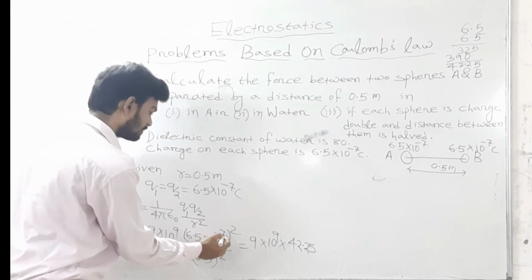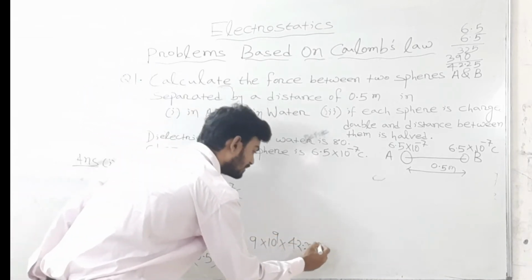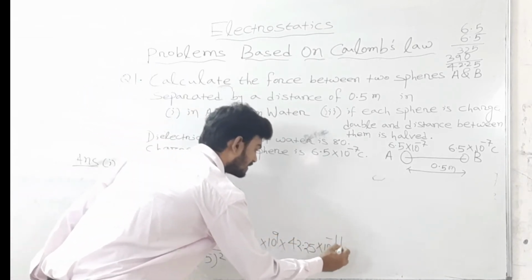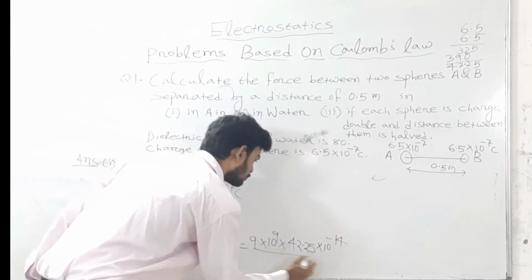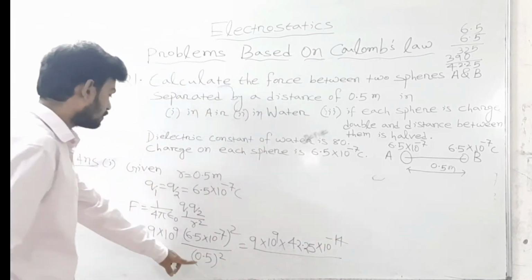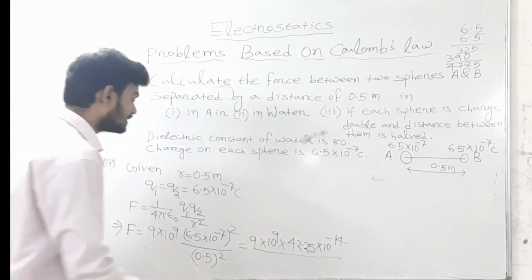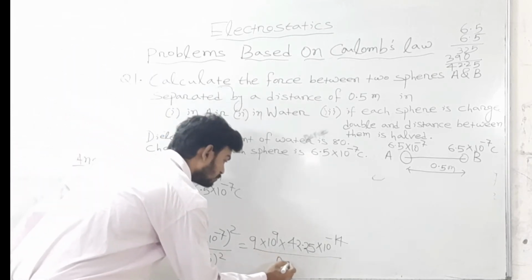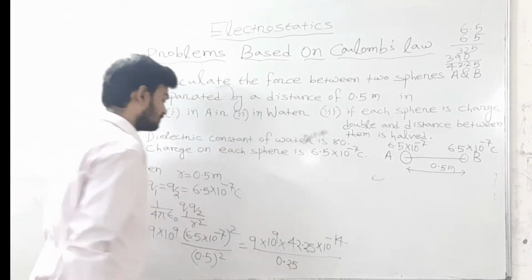The square of 10 to the power minus 7 is 10 to the power minus 14, divided by the square of 0.5, which is 0.25.